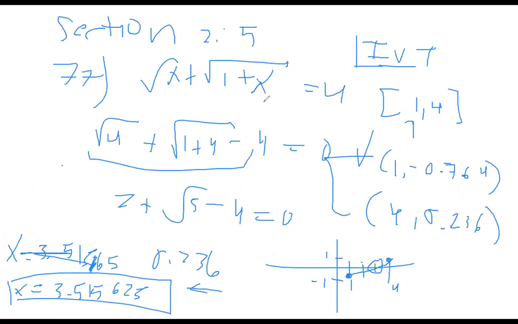You plug that in, then go to second trace, 0. Then you have your left and right bounds. Press enter to the left of the solution, press enter to the right of the solution, press enter again, and it should give you this.